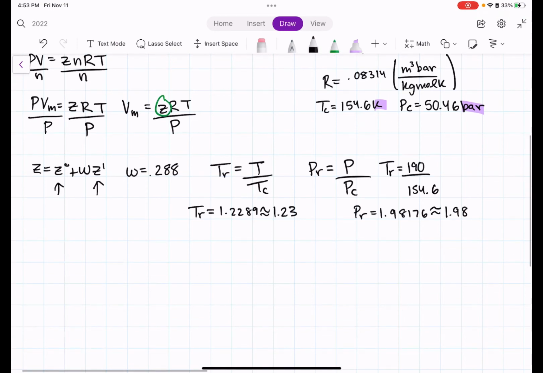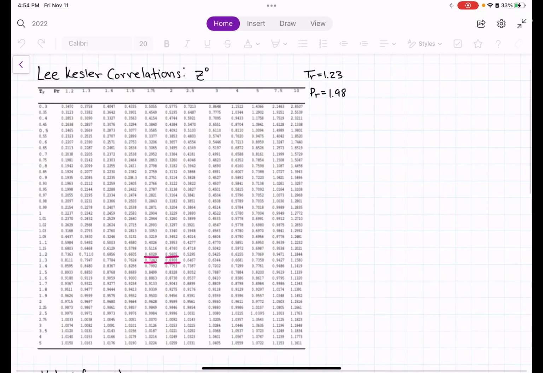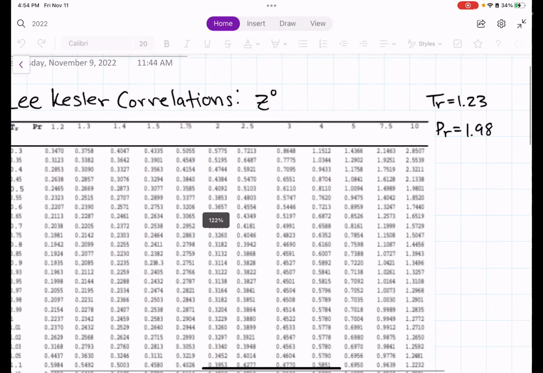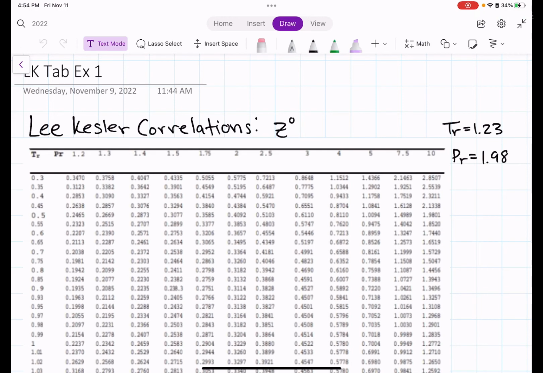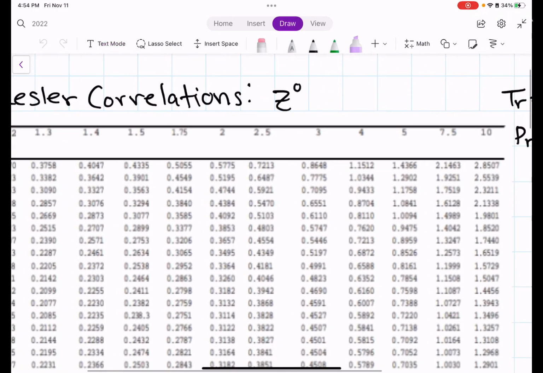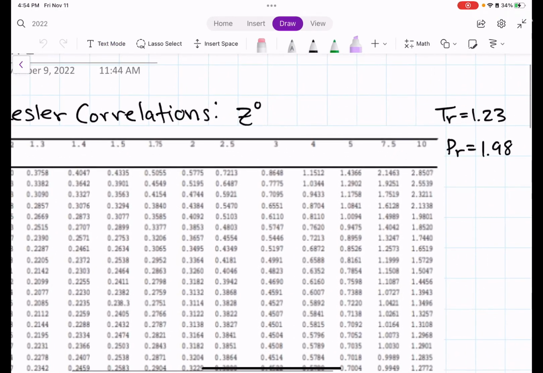Alrighty, let's find Z naught. Okay, my TR value is 1.23, my PR value is 1.98. So I'm going to locate my PR up here. PR is 1.98. We don't have 1.98 specifically, so we're going to have to get the two closest values.